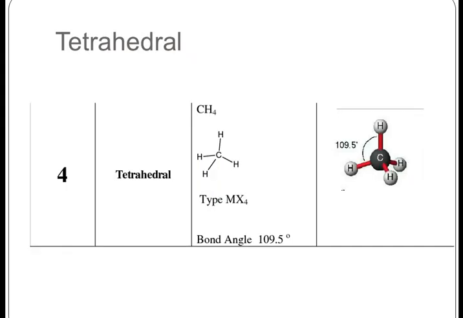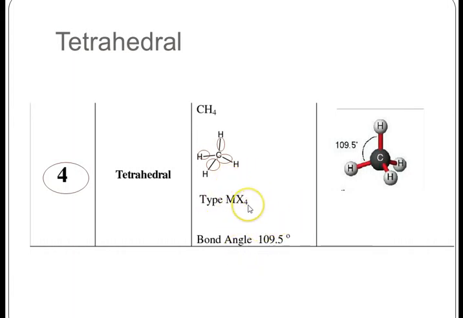All right, so moving on up, now you have 4 bonded pairs of electrons with no lone pairs. These form a tetrahedral. Tetra meaning 4. And you can see here you have 4 electron regions, and that's the carbon to hydrogen bonds.